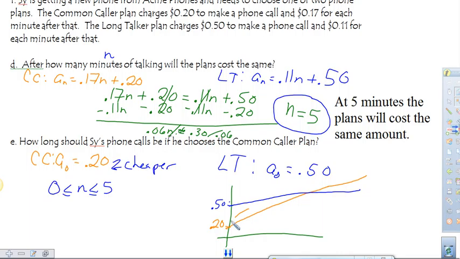So right here is when our common caller is cheaper. It's lower than the long talker, and then this one switches and becomes the better deal. And this point right here is at 5 minutes. So our answer to this is that his call should be less than 5 minutes.